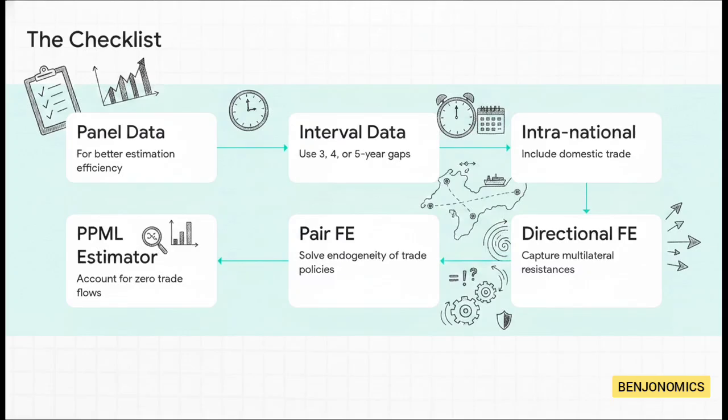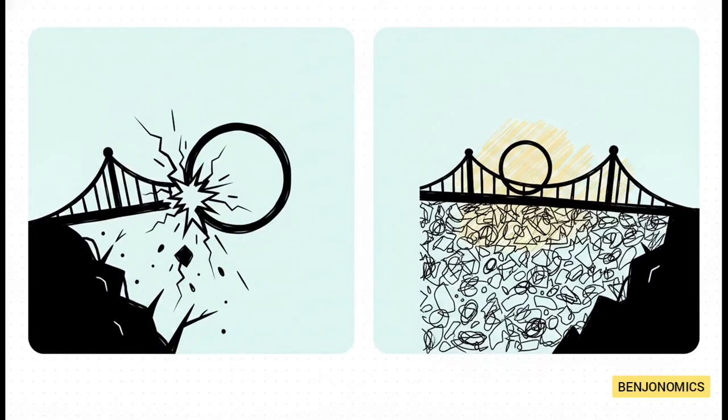Let's look a bit closer at that last one. This is kind of the climax of the methodology right here. On one side, we have the old way, log linear OLS regression. It's biased, it's inconsistent when faced with heteroscedasticity, and it crumbles the second it sees a zero. On the other side is the modern savior, the Poisson pseudo-maximum likelihood, or PPML estimator.